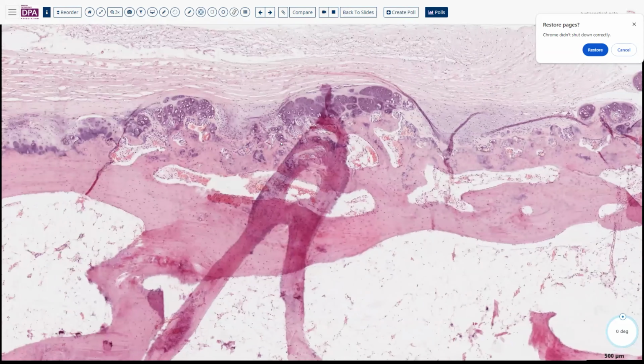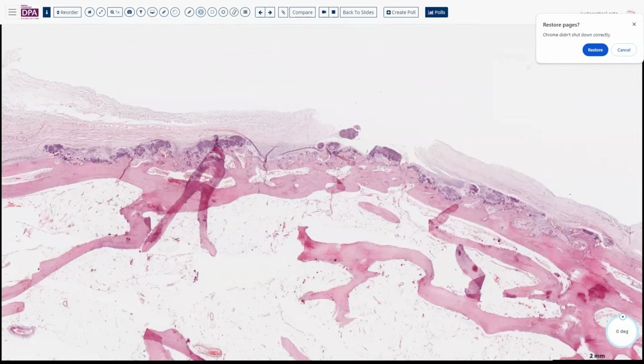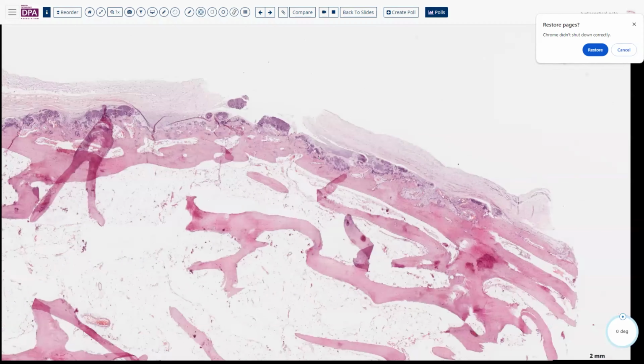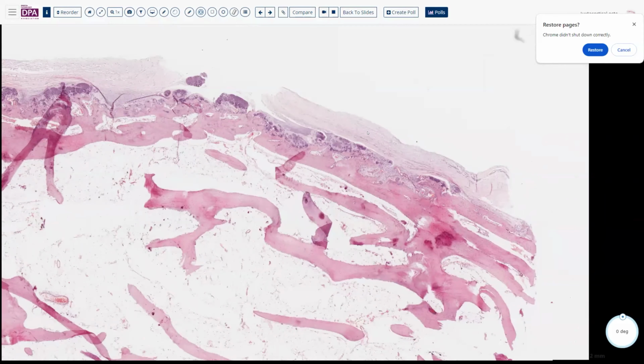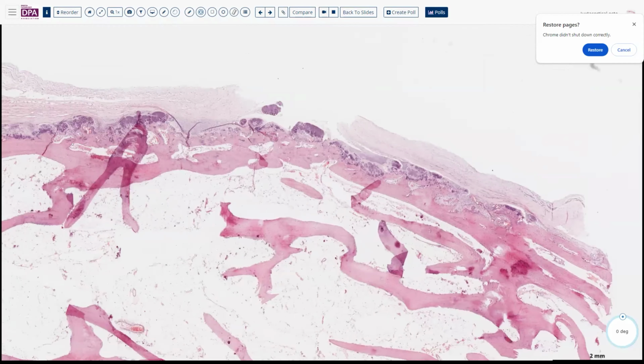Now, it's unusual for it to be in a long and flat distribution, as we see here. This is really quite an uncommon distribution because usually it's fairly localized and it will tend to grow perpendicular to the underlying bone, sort of grow outward.